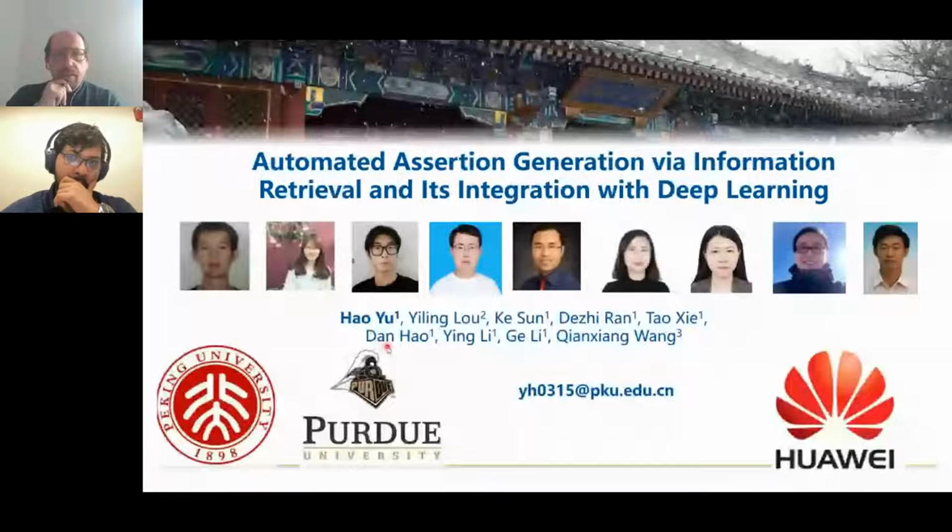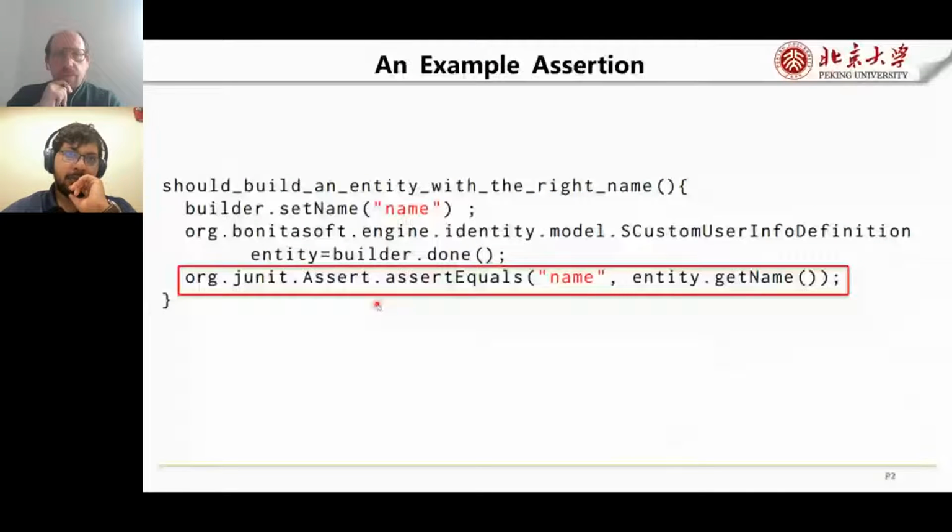I will first introduce the background of assertion. Assertion is used to validate the correctness of methods. Here is an example of a test method with an assertion. The place circled by the red box is the assertion, which is used to judge whether the implementation of the getting method is correct.